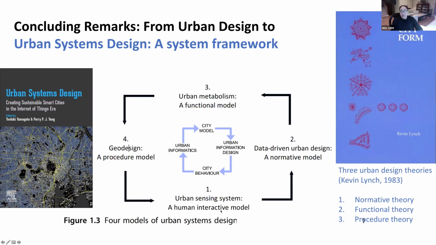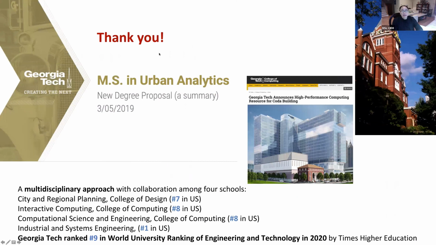There's a human interactive dimension, combining with normative model, right? Urban design, but that has to be data-driven with functional model, treated like a complex system as a metabolism, or as a procedural model like geodesign. So these four models would define what urban system design would mean. All right, so that's the final slide.